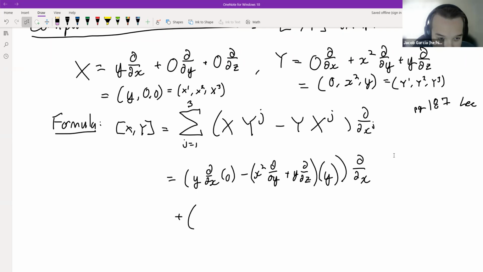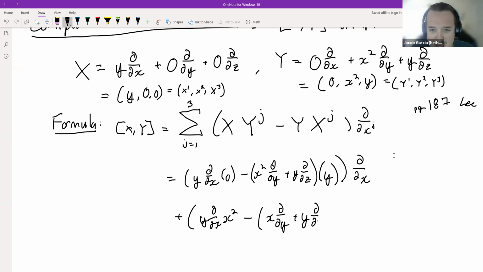Right. Then we do the same thing. So I have x, which is still this. Then I have the second component of y, which is x squared. And then I subtract x of d dy plus y of d dz applied to 0, d dy.